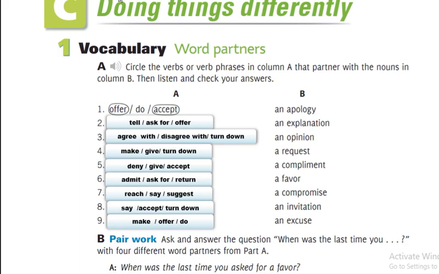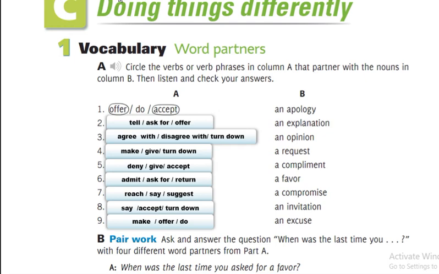And we're gonna stop with the vocabulary word partners, and we will look at the phrasal verbs. You will look and circle the verb phrases in column A that partner with the nouns in column B. Then, well, we're gonna listen to them. So the collocation here is offer and accept an apology.